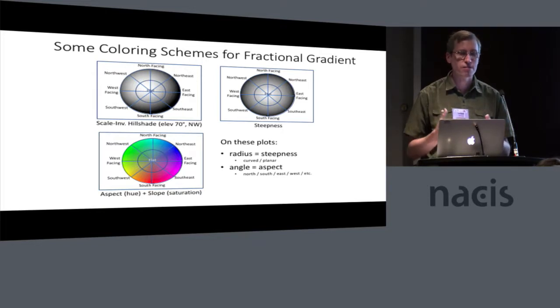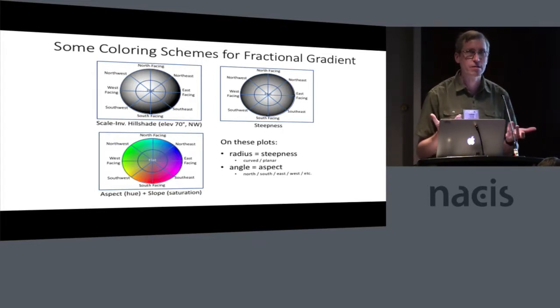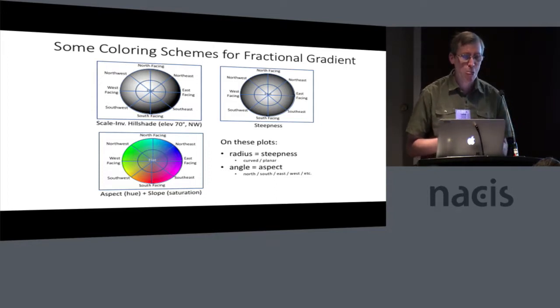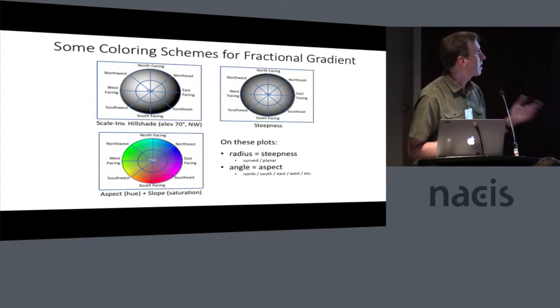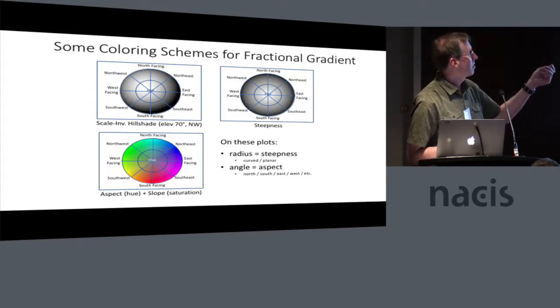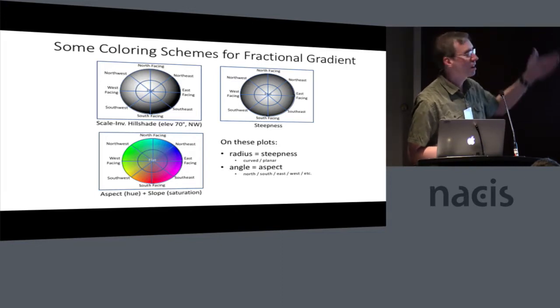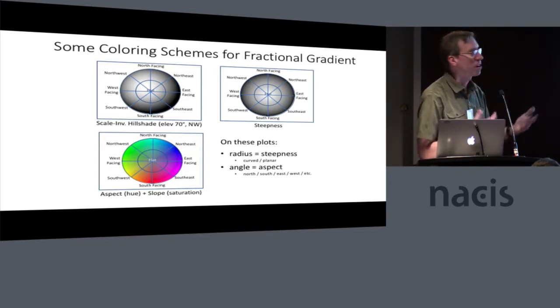If we just focus on the fractional gradient, that's going to give us a slope and aspect, or we can call them a fractional slope and fractional aspect. At a particular point in the terrain, we could plot that on this plot with the flat area being in the center of the circle, and the steeper areas being on the edges of the circle in the direction corresponding to the aspect.